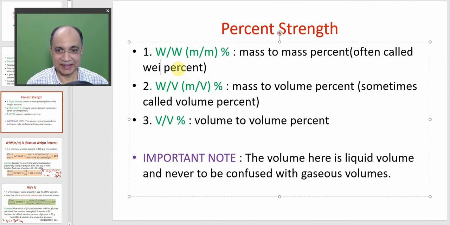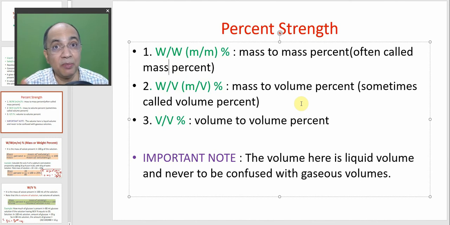And the second one is the volume percent, W by V or M by V percent. This is called the volume percent. I remind you that we are dealing with liquid solutions. Do not confuse with gaseous solution.